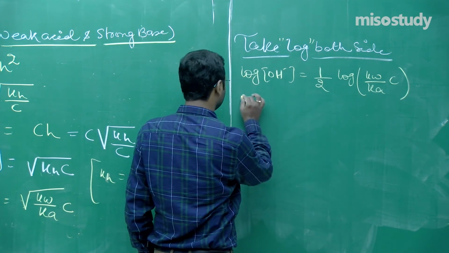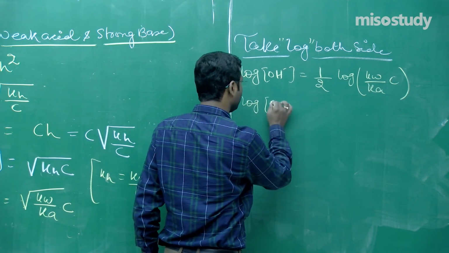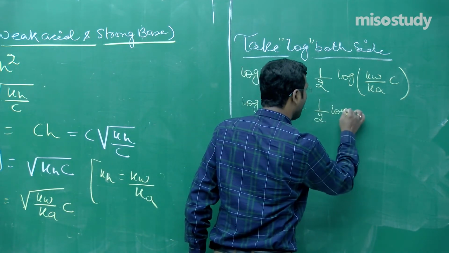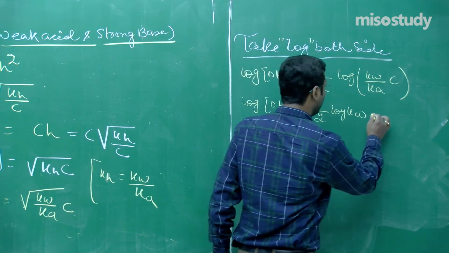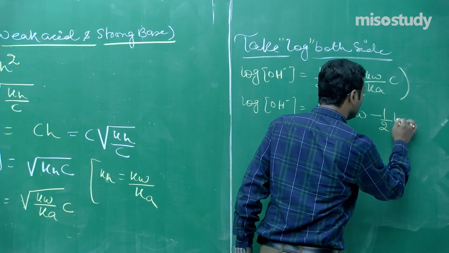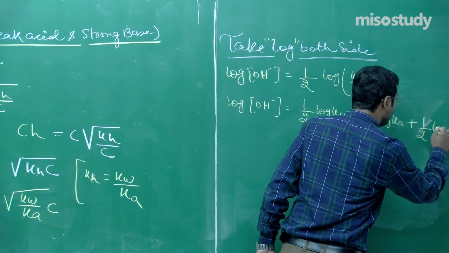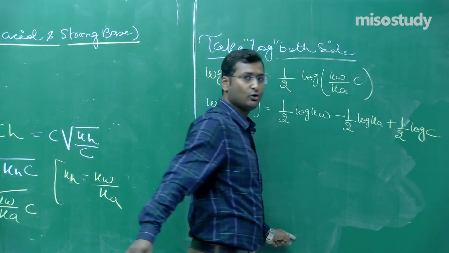Okay, first of all solve this, then we'll take negative sign. Minus log OH is equal to 1 by 2 log KW minus 1 by 2 log KA plus 1 by 2 log C. Is it visible to you, friend?